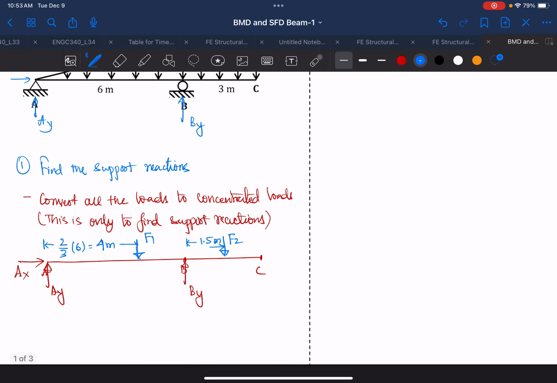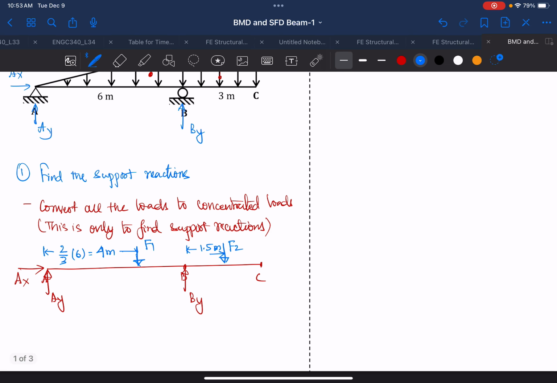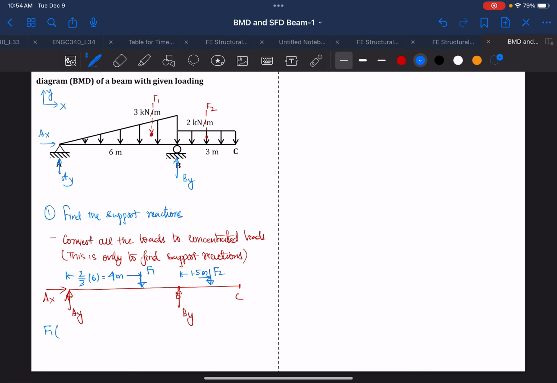And what is F1? F1 is related to your triangle. So this is your triangle load. If the load distribution is given to you, the area of the load distribution will be equal to the force.